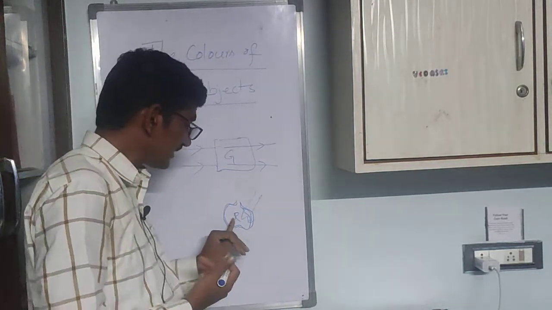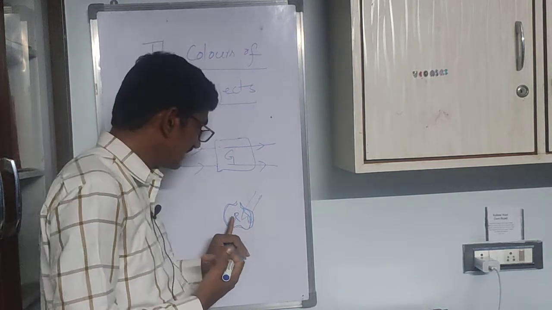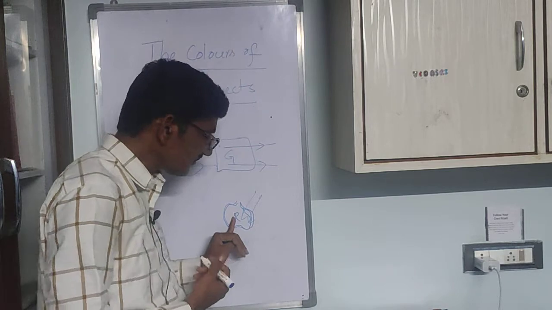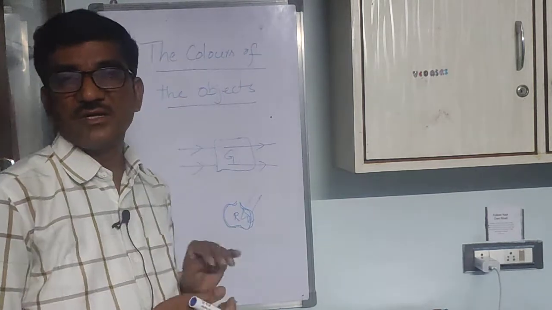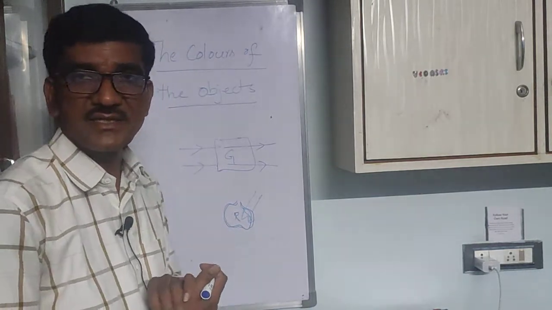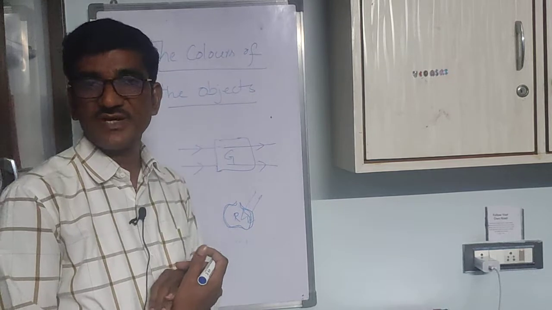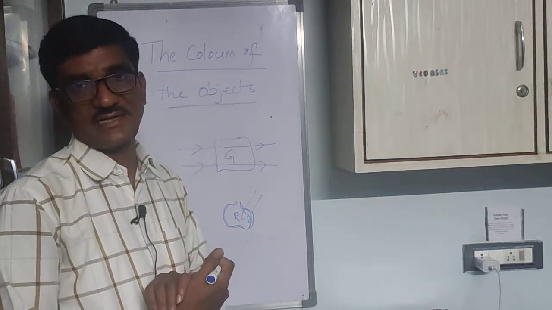See what is happening here is, in all those 7 colors, it is absorbing 6 colors out of the 7 colors. Only one color is reflecting out of this. That is the red color.